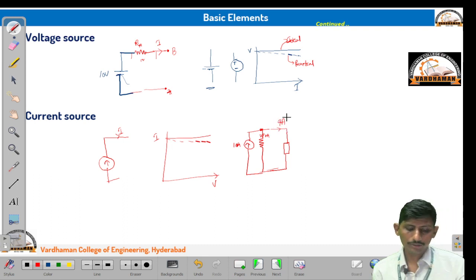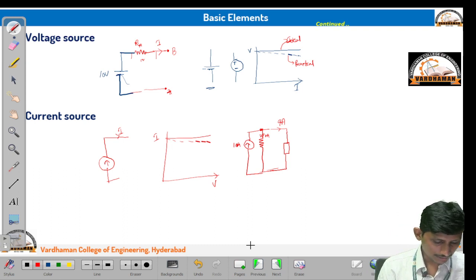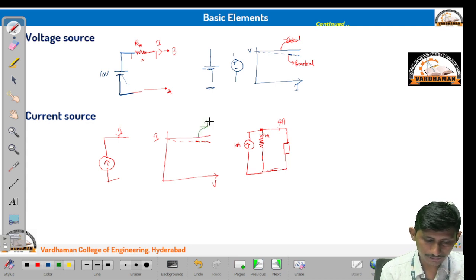So, in place of the expected 10 amperes, the load is receiving only 9 amperes because of the internal resistance, which is consuming some amount of the current that is delivered by the actual current source. Okay. So, this is the characteristic of an ideal voltage source and an ideal current source. The straight line here is the ideal current source and the bottom one is practical.